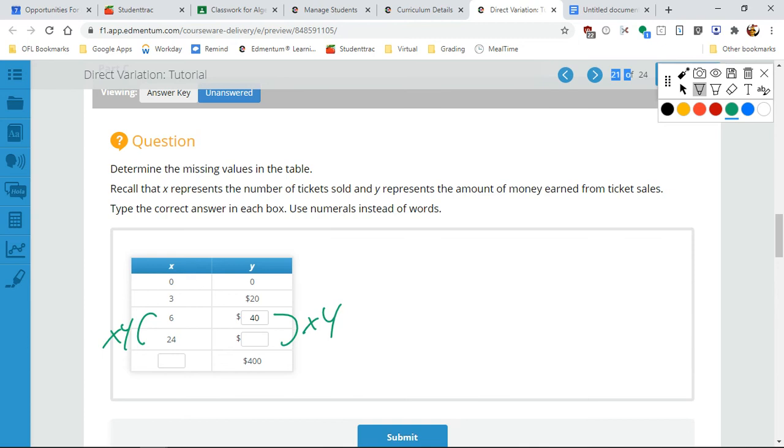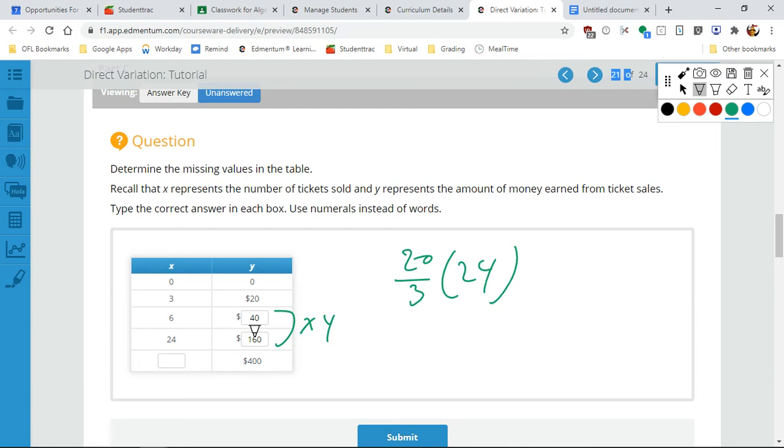Does anyone have a calculator on them? What's 4 times 40? Or is anyone just good at multiplication? 160. Yep. So that makes sense because guess what? If I do 20 over 3 times 24, this is why I like doing it this way, the times 4, because this is weird.